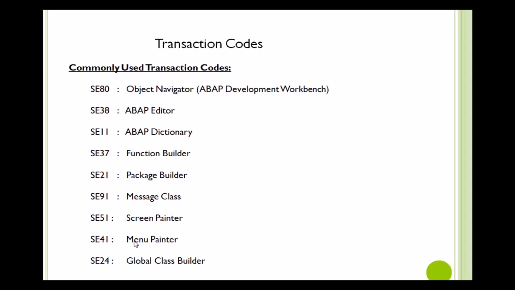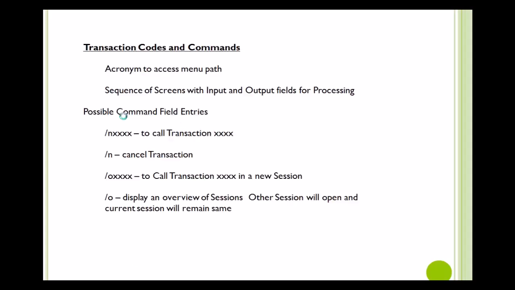Every screen painter contains its own set of GUI, which we create under SE41. SE24 is the global class builder. Here we create object-oriented programs. Now we are going to learn what exactly SE38 is and how to write programs.